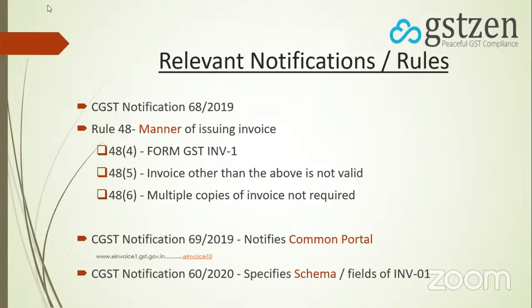CGST notification 60/2020 specifies the schema, that is the fields of INV-01. The schema essentially gives you what all information you can give in the invoice, what is mandatory and what is optional, and how the information has to be reported.